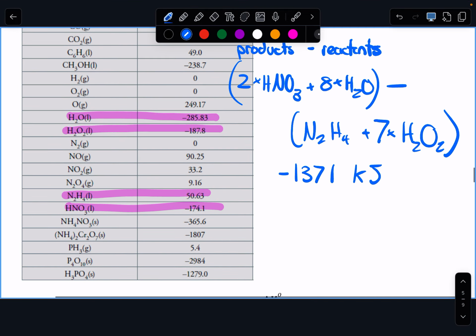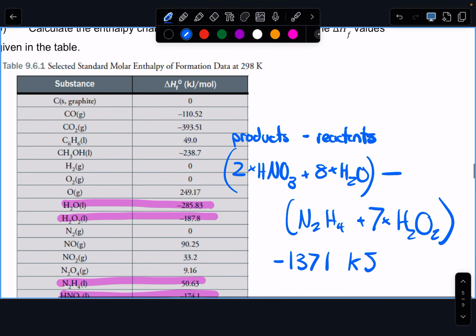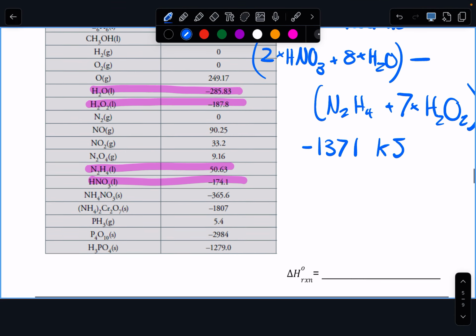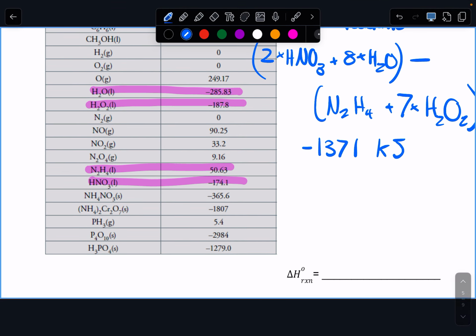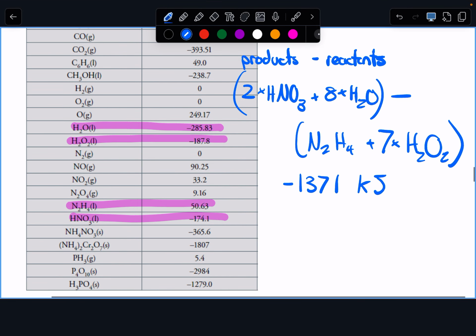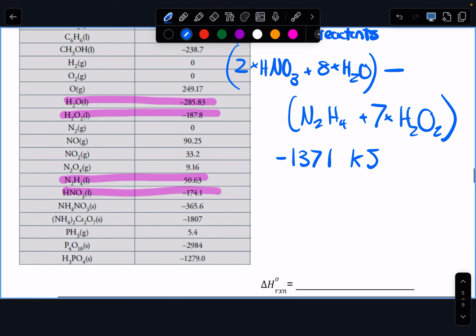HNO3 times 2, plus water, negative 285 times 8, products minus the reactants. N2H4, there's just 1 mole of that, plus 7 times H2O2. Nope, sorry, I think mine's right.